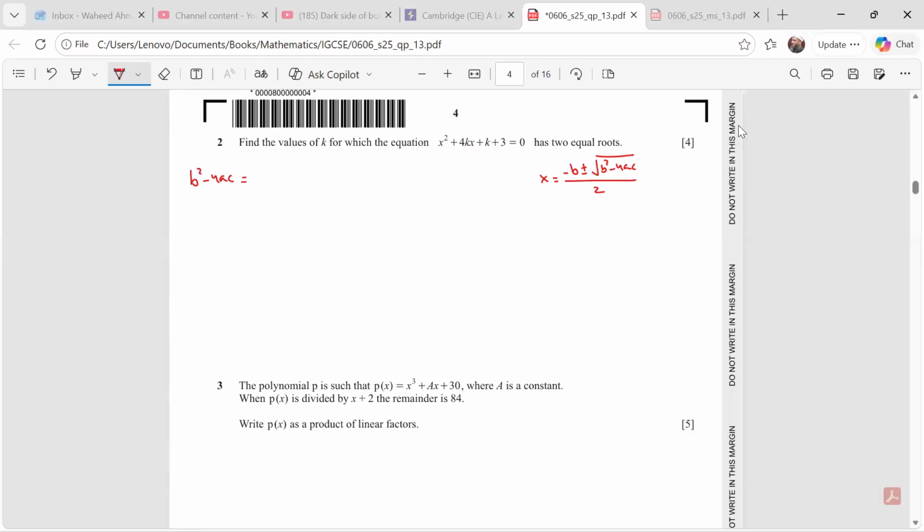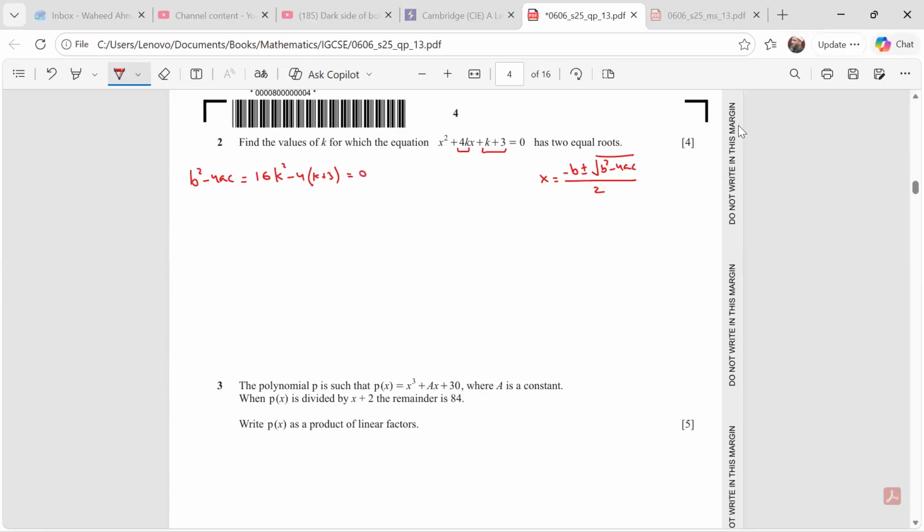You see my a is 1, b is 4k and c is k plus 3. So b squared means 16k squared minus 4 times a, which is 1, times c, which is k plus 3. I want this thing to be 0.